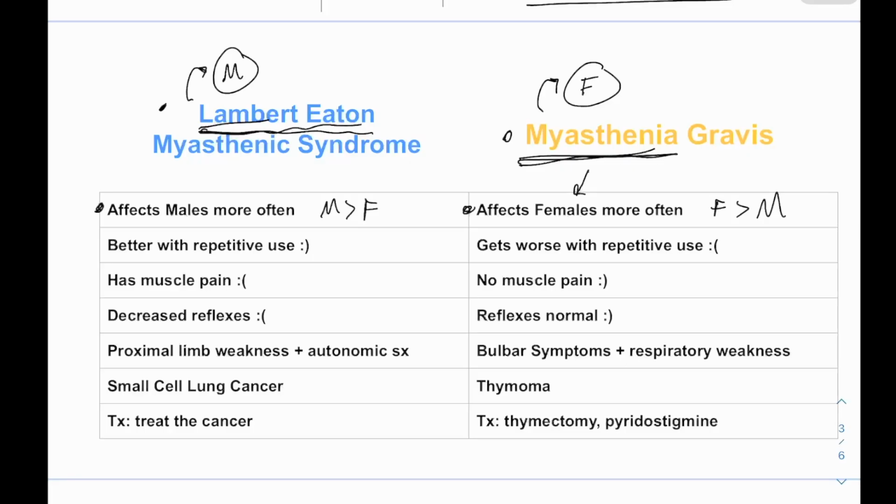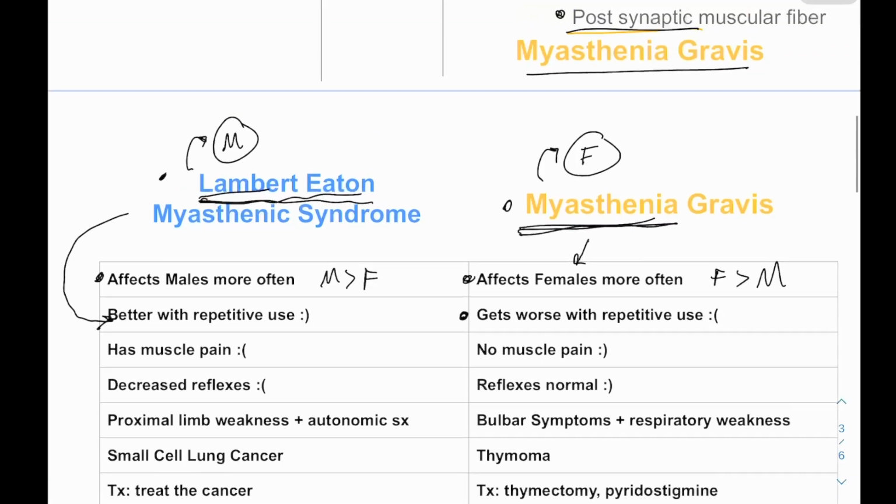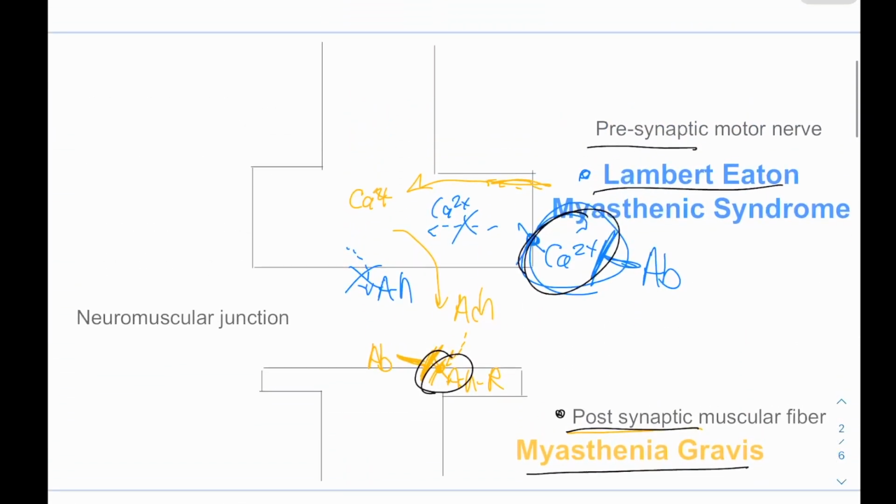Next, exams will always, always, always test you on which condition gets better or gets worse with repetitive use. In Lambert-Eaton myasthenic syndrome, it gets better with repetitive use, whereas in myasthenia gravis, it actually gets worse with repetitive use. And why is that? Well, in myasthenia gravis, we know that the postsynaptic acetylcholine receptor is being blocked and acetylcholine is unable to bind.